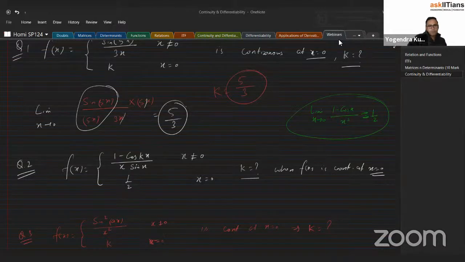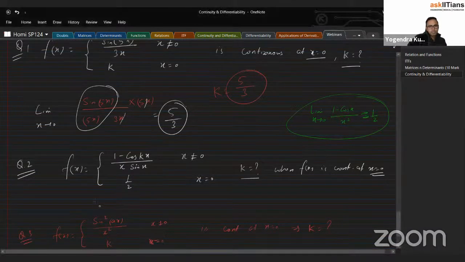Are we getting the answer as plus and minus 1? K is coming plus or minus 1 here. Plus 1 or minus 1, both are coming true, because cos of negative is fine.